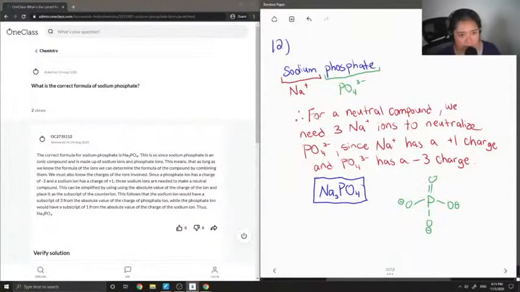And then I'm going to draw out what the sodiums would look like. They're over here, reacting with the negatively charged oxygens. Okay, so that is the structure of sodium phosphate.